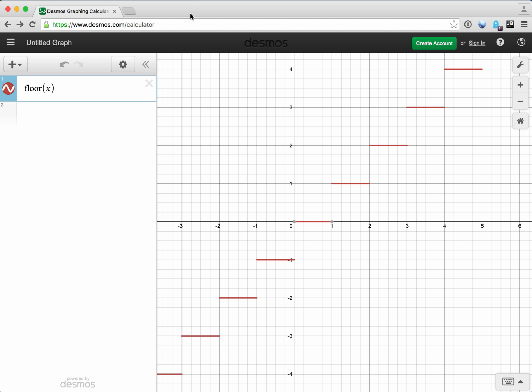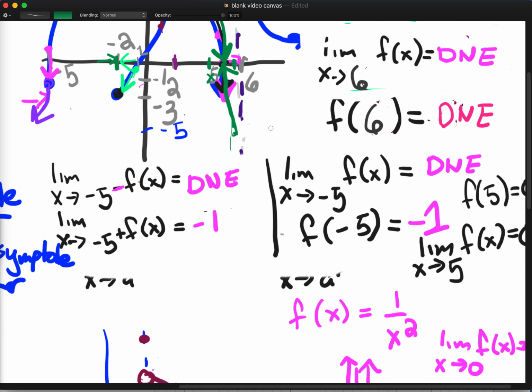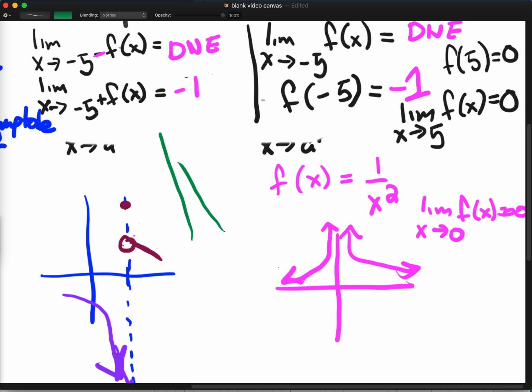What about, okay, here, let me give you another one. What about, let me get my big white brush here.